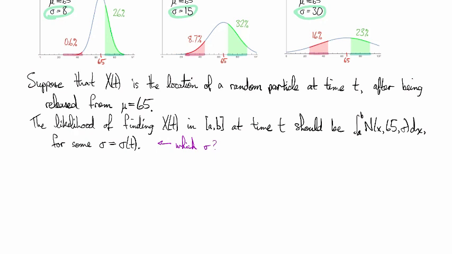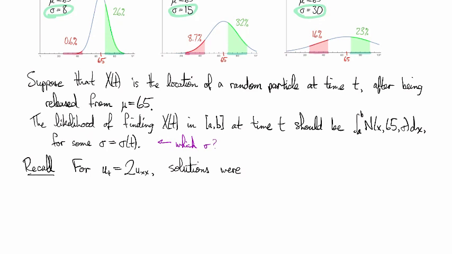And so there's a hint if we look back at some of the things that we've already seen. So if we look at the heat equation, we saw a couple of solutions. And this isn't for a general D. This is specifically for the case when D is equal to 2.